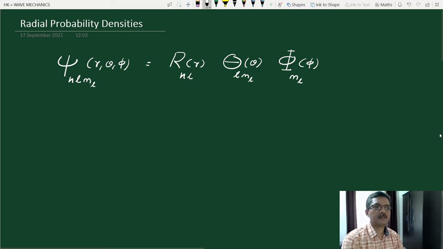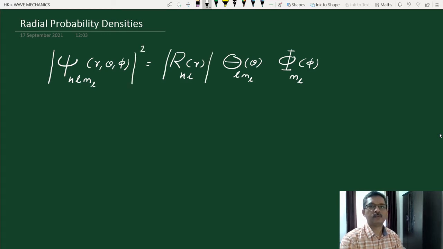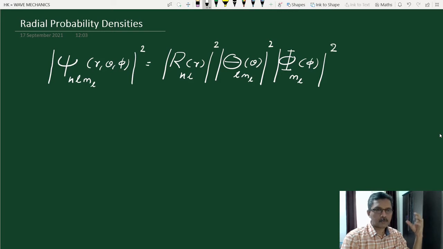Now, if we find the probability density, we have to take the mod square of this wave function, which means the mod square of each of these wave functions: square of the radial wave function, square of the polar wave function, and square of the azimuthal wave function. Okay. Now, suppose we want to calculate the probability of finding the electron in a volume element dV. Then this is probability density. So in a three-dimensional system, probability density means probability per unit volume.